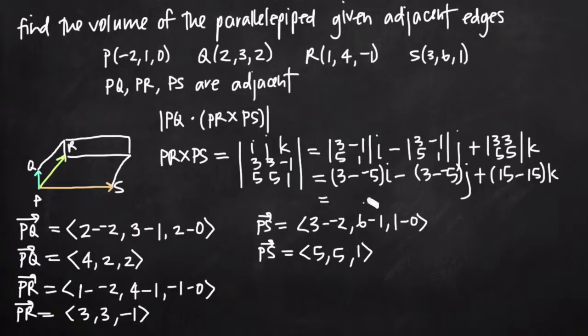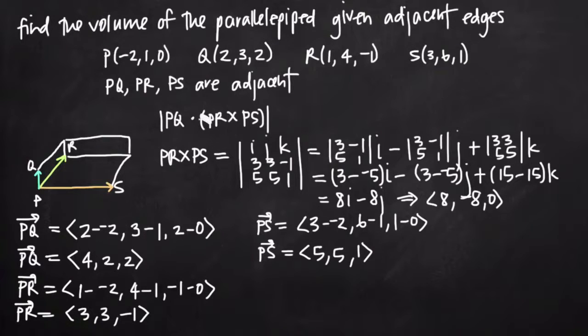When we simplify further, you can see that we'll get 8i minus 8j plus 0k, so we can just call this 8i minus 8j, which is the same thing, in vector representation, as 8, negative 8, 0. So that's the vector representation of the cross product of PR and PS, 8, negative 8, 0.